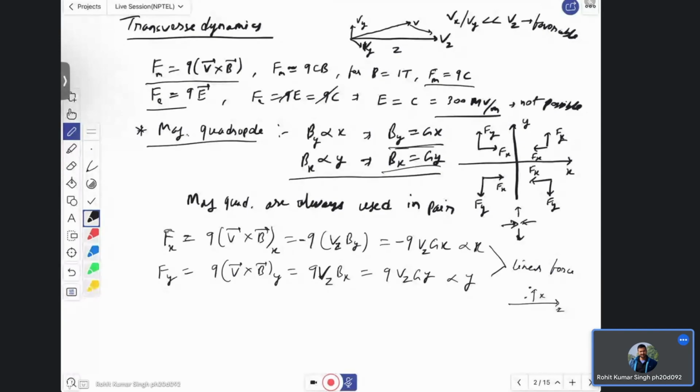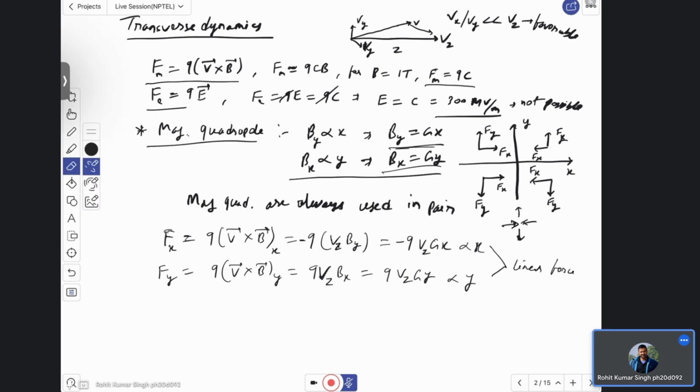This force will exert a larger force on the particle which is farther from the beam axis than on the particle which is near the beam axis. This is what we want. All the particles will come close to the beam axis. This is what we call focusing. It is a very favorable condition for us.